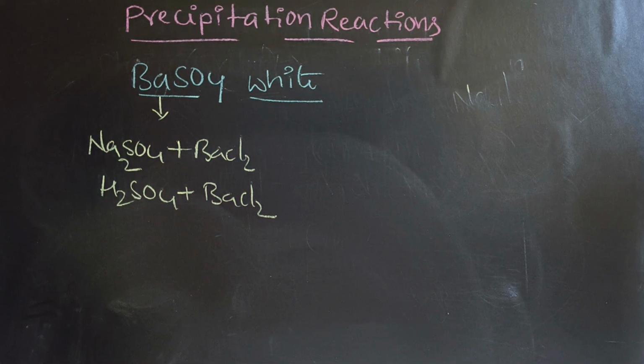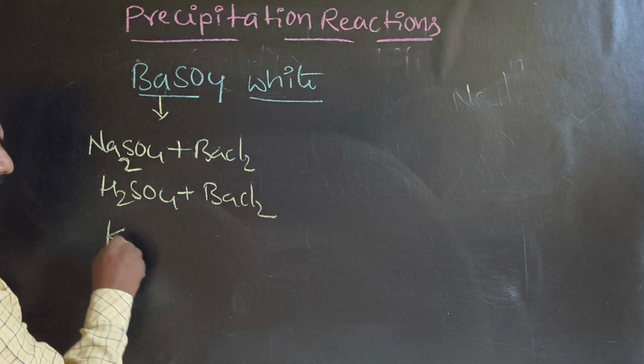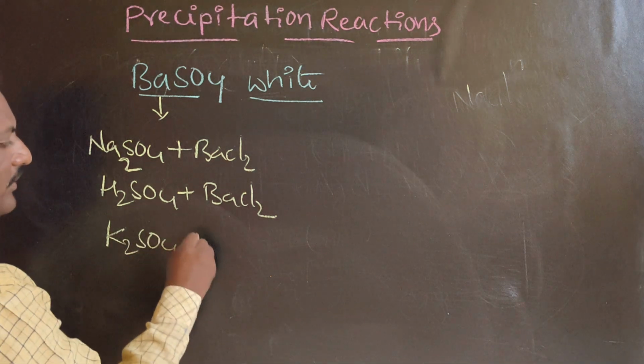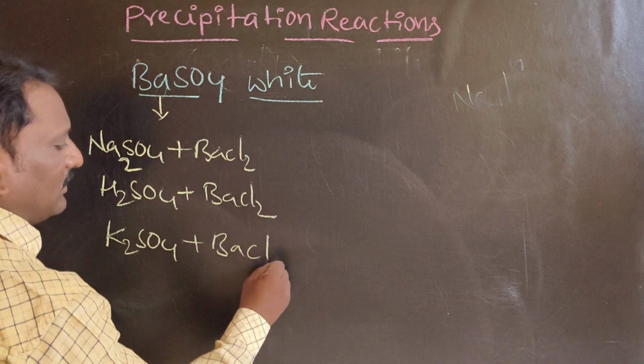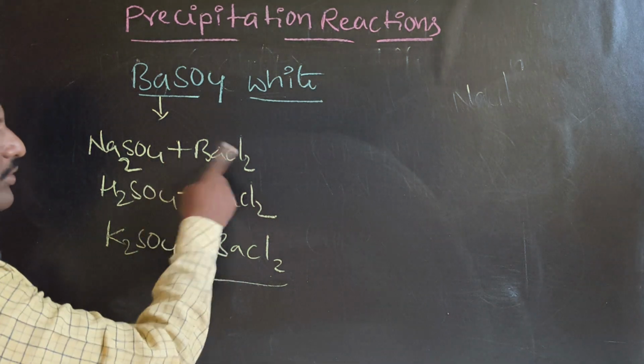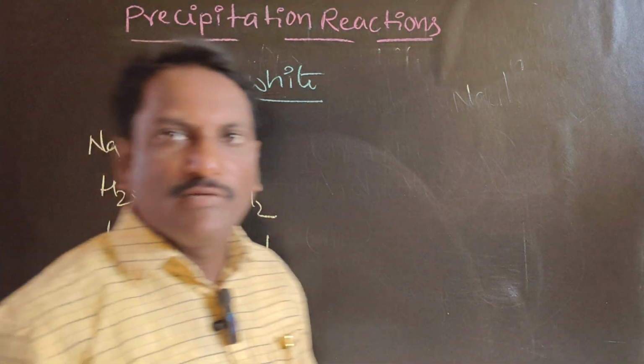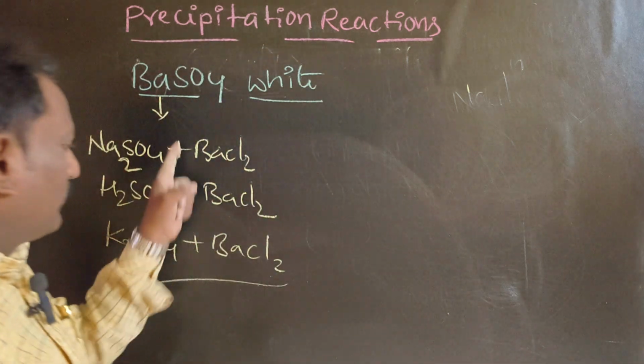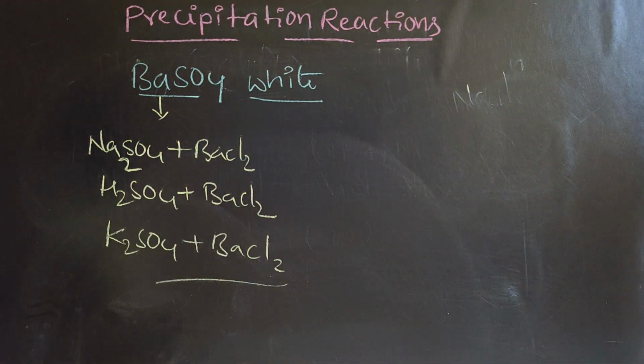Potassium sulfate with barium chloride. I have written three combinations. Remember these, but I would like to write a balanced equation only for one combination. Please copy these combinations as well, right?